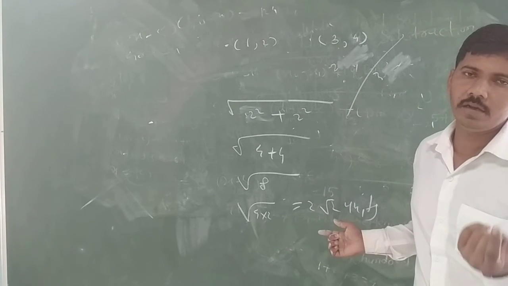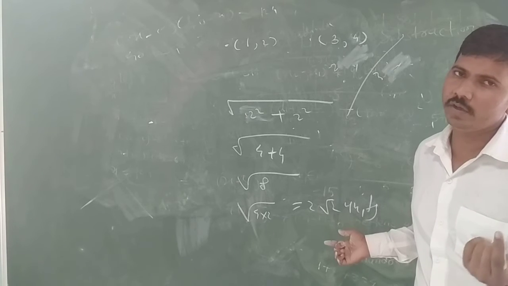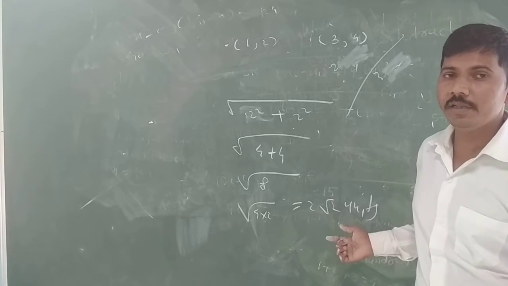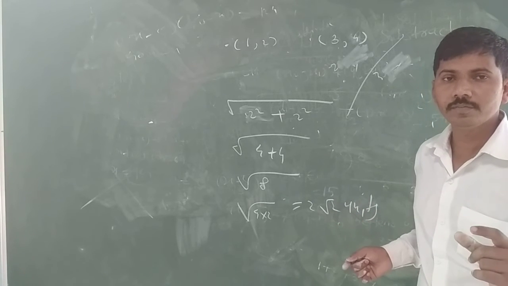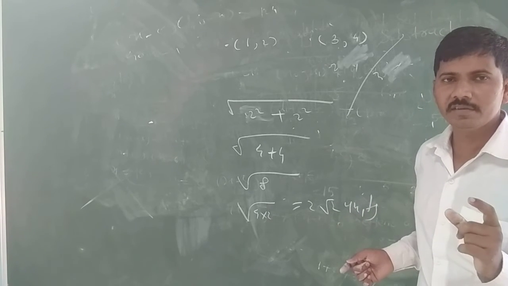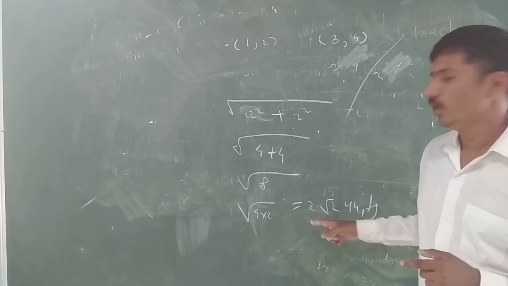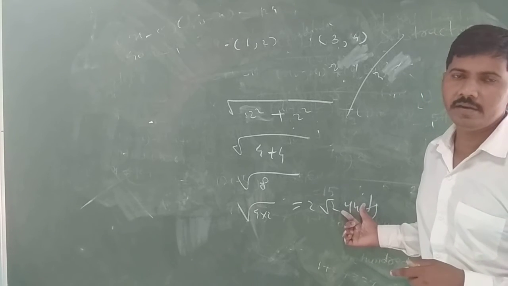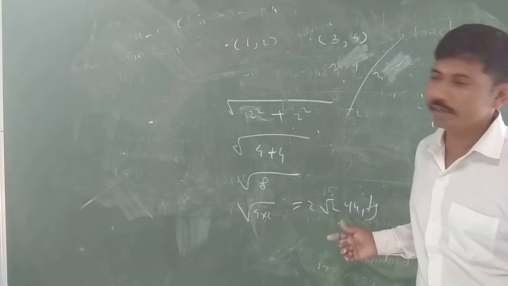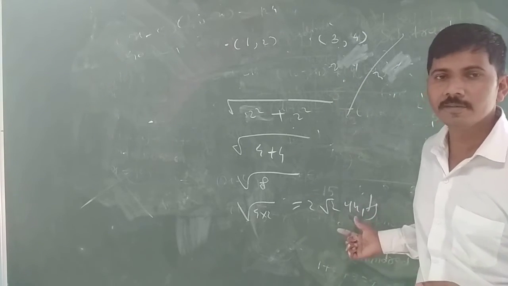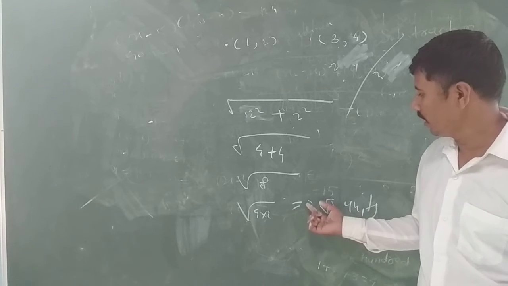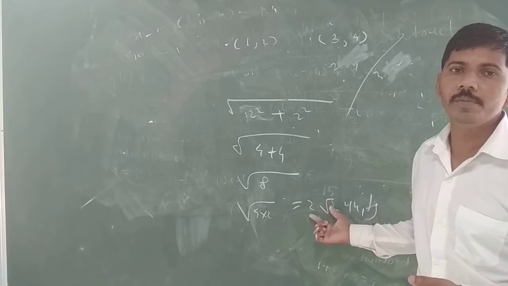If the answer is singular, one unit, you can write unit. But if it is plural, then we have to write units. So we have to denote that a certain unit should be there, like 2 under root 2 and certain units. Unit is not given in the example, so we have to write it as units. If you do not write units, the step's half mark will not be given to you.